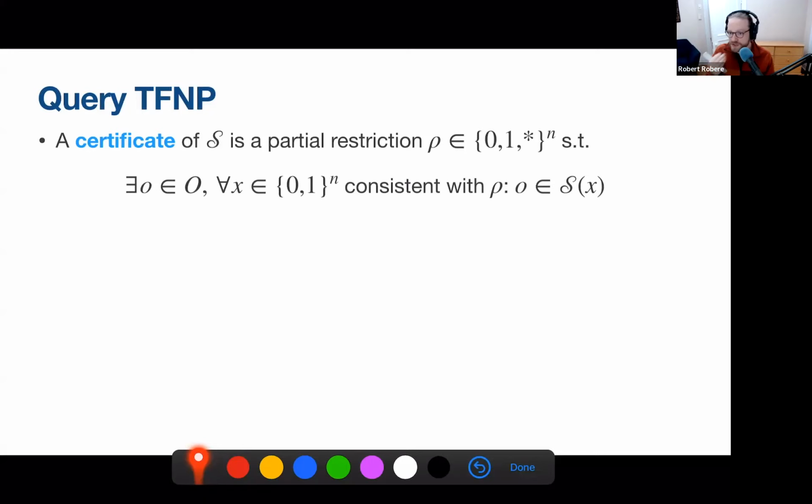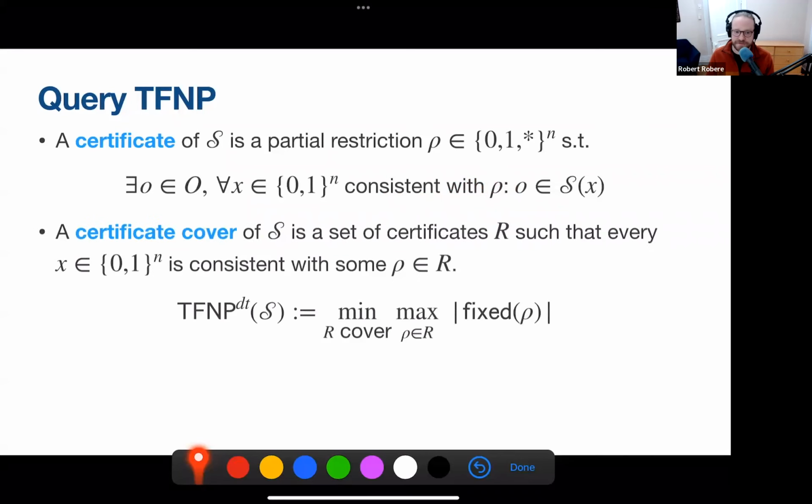When you set this up appropriately, you get something like this. If S is a total search problem, then a certificate of S is a partial restriction such that there's some output that is consistent with every input that is consistent with this restriction. And then a certificate cover is just a set of certificates that covers all of the inputs.